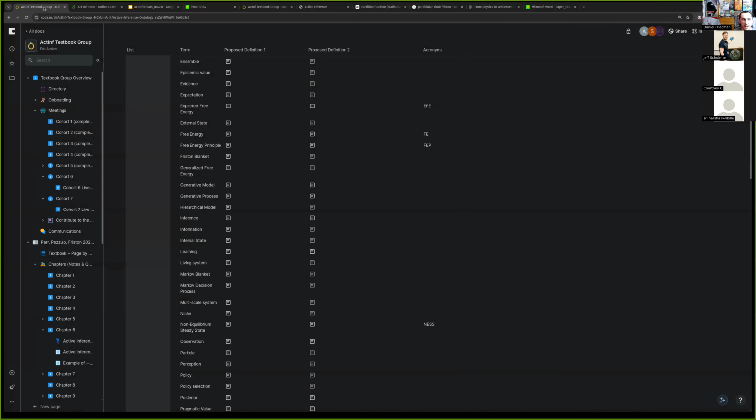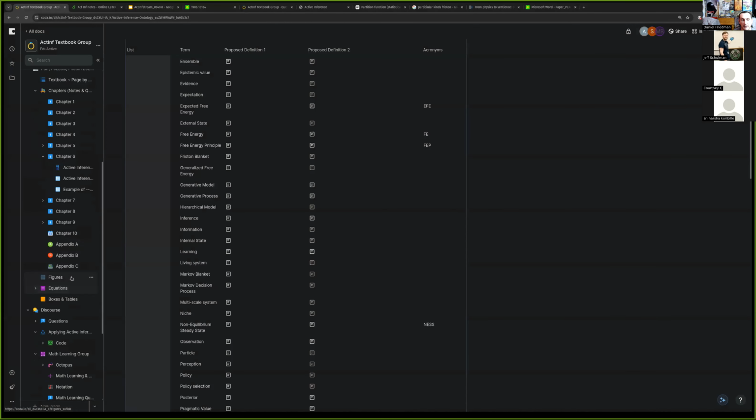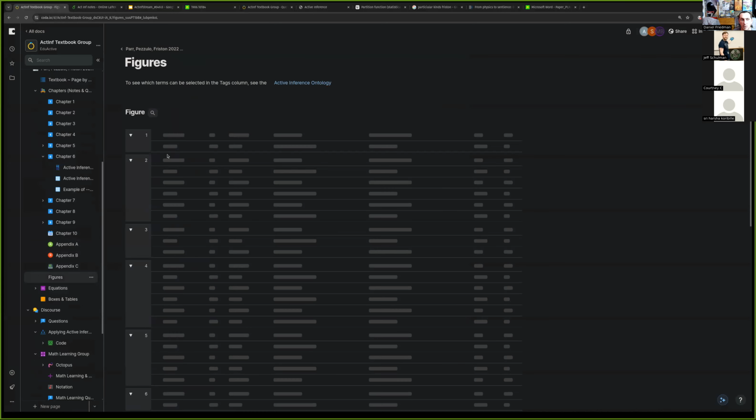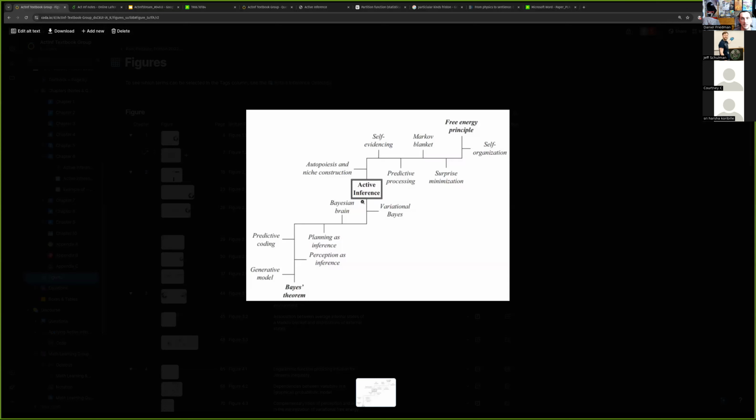Whereas in the textbook, they set a target for active inference, which is why in figure 1.2, active inference is in the middle between the free energy principle, Bayesian mechanics, and the bottom-up construction of real math and computational models.